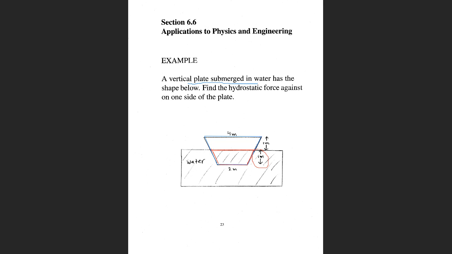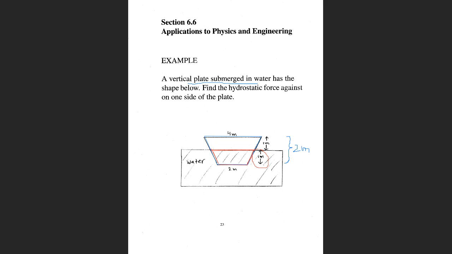Okay, so that's what's relevant. But keep in mind, how tall is the trapezoid based on the picture? How tall is the trapezoid? 2 meters. That's right, Nathan. All right, and so we're going to proceed now.